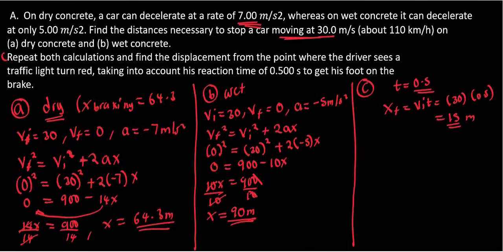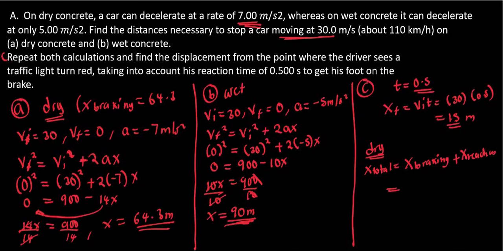Since this is the braking displacement on A, and we are repeating, this is the dry concrete. So the total is the displacement of the braking plus the displacement of the reaction.